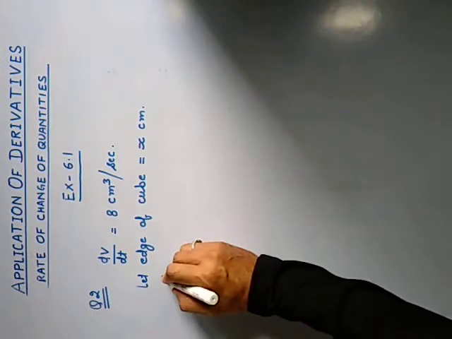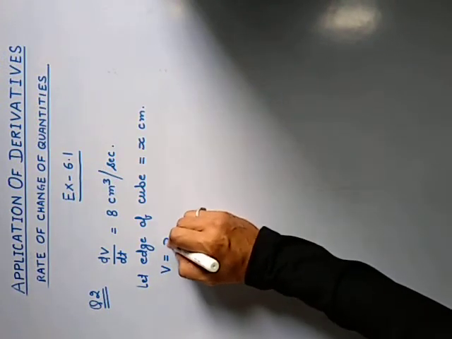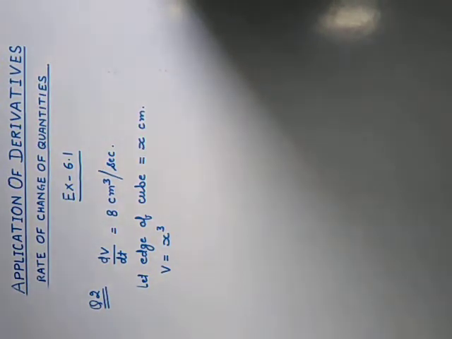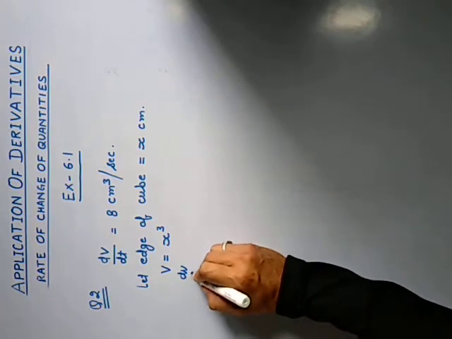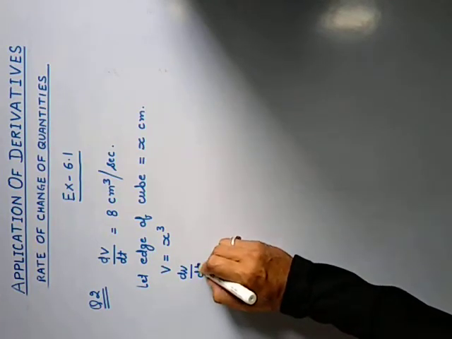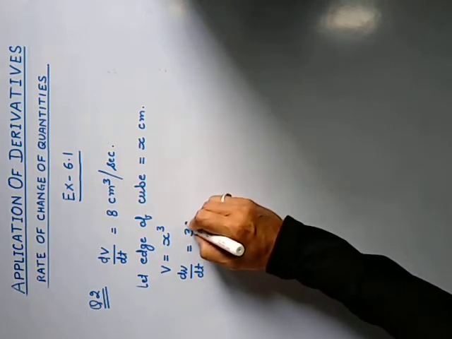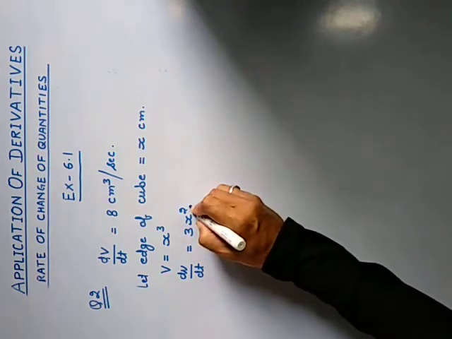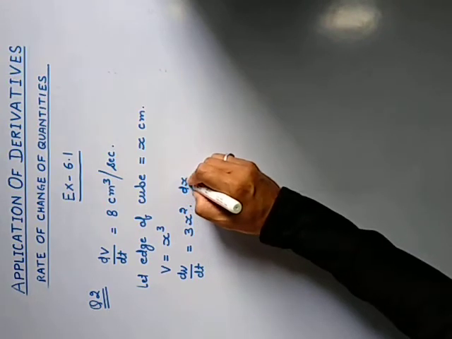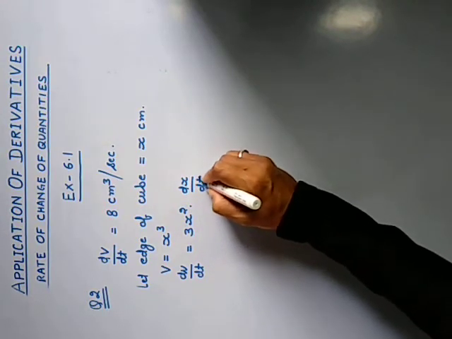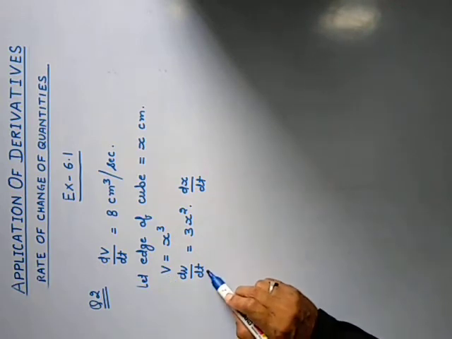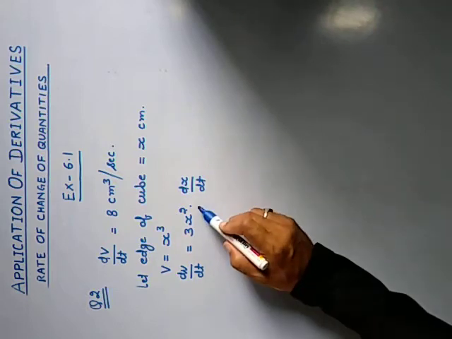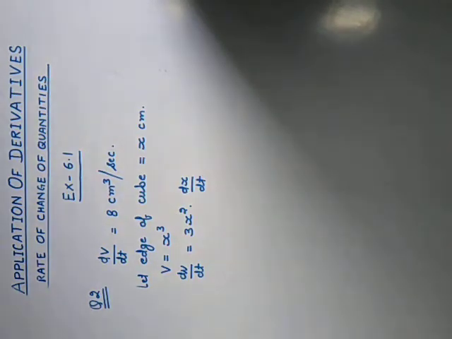Now volume of cube is side cube, so V equals x cube. Now if we differentiate with respect to t, dV over dt equals 3x square into dx over dt. Since we are differentiating volume V with respect to time t, we have to put here dx over dt.